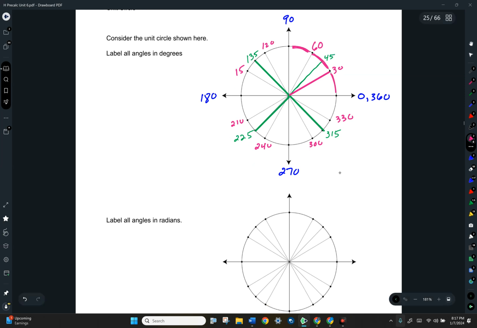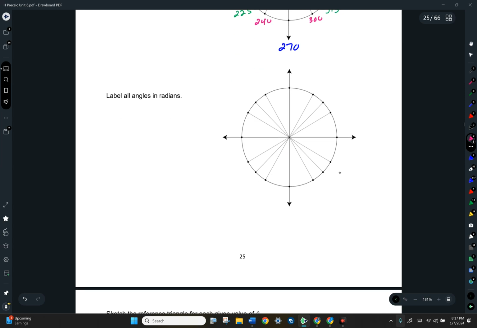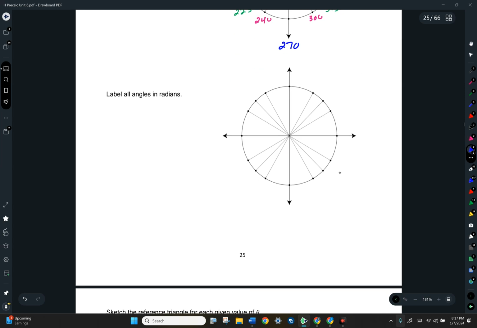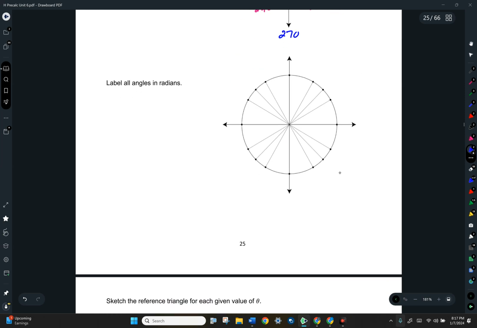So let's talk about what that would look like if we do that in radians. Okay, so we know that 0 degrees is the same as 0 radians. And 90 we know is pi over 2, because pi is actually 180. And if I go another half, we're down here at 3 pi over 2, and then back all the way around would take us to 2 pi.